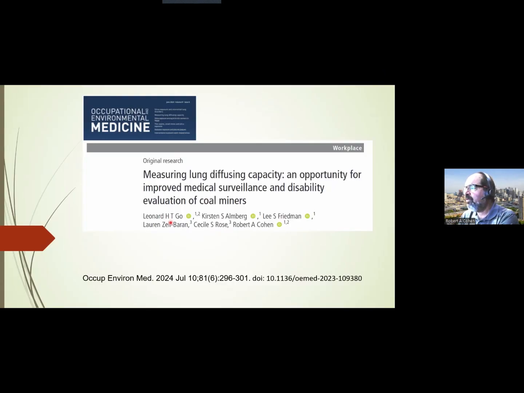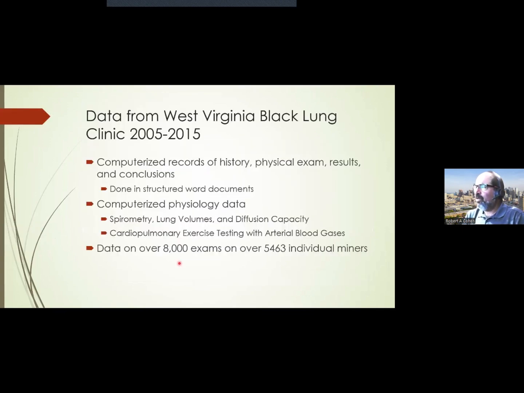And the second paper that I'll talk about is the one that I'm the first author on, which is looking at the predictive value of diffusing capacity for exercise gas exchange and whether or not somebody might be disabled with exercise. So these are really companion articles. And if you want to really be fully up on this, you can get both of them and take a look at them.